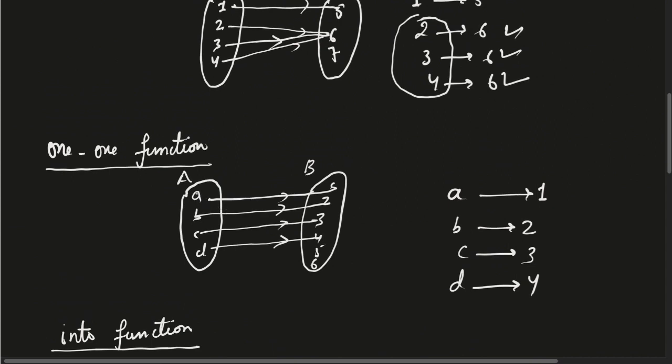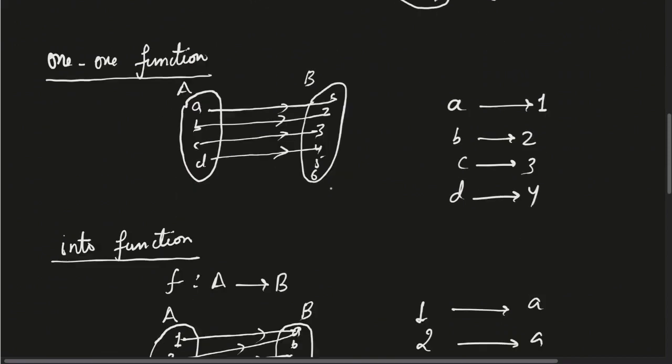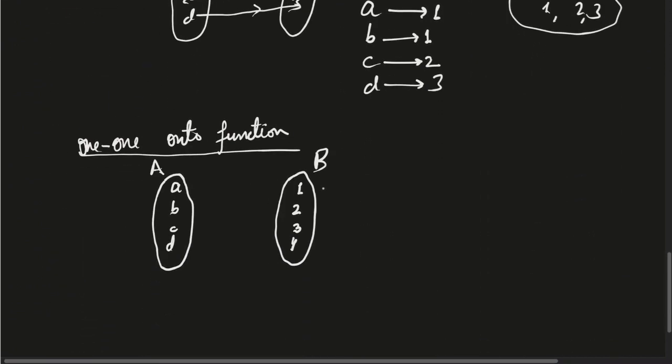Each element in set A should have a distinct image in set B. That is, no two elements in set A can have the same image in set B.